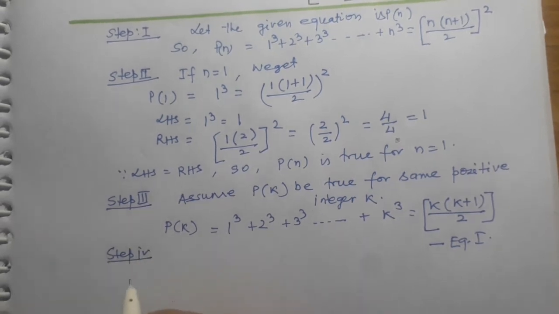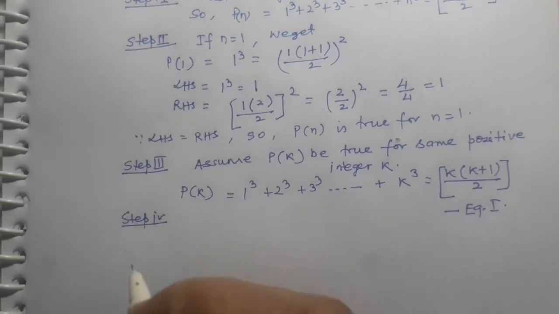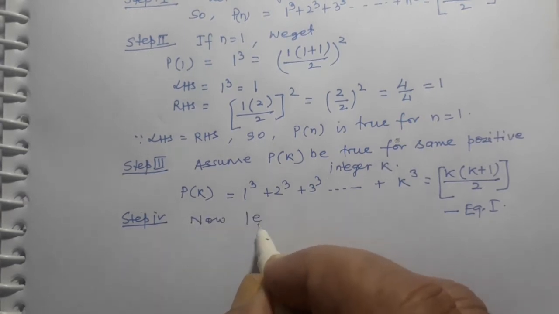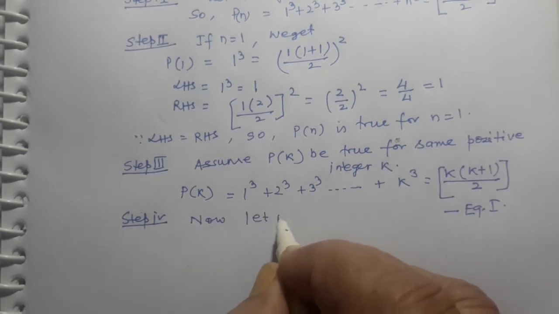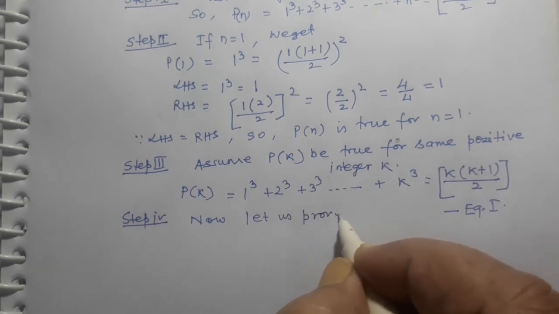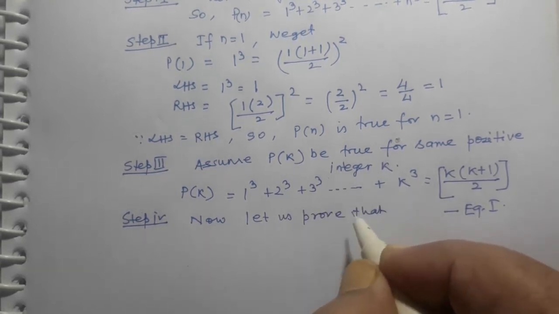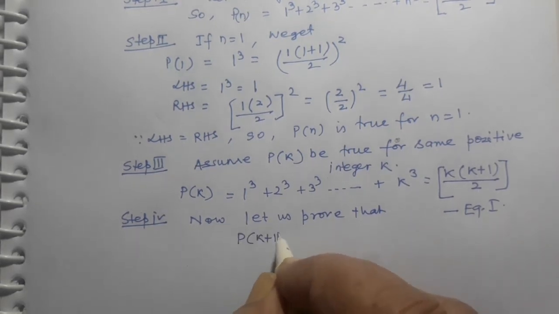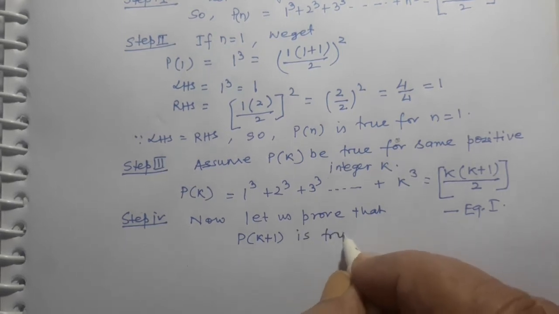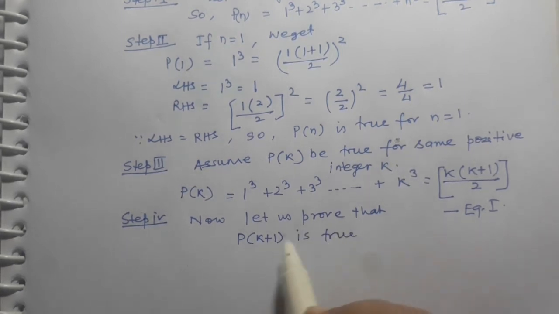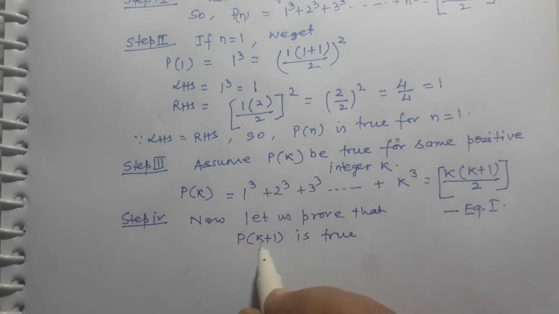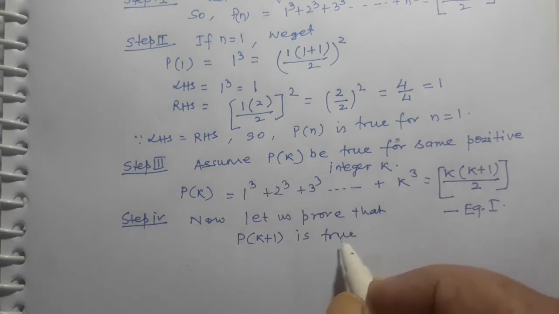Now step 4. Now let us prove that Pk plus 1 is true. Now this we have assumed for Pk, and that Pk plus 1 is true, that we shall prove.